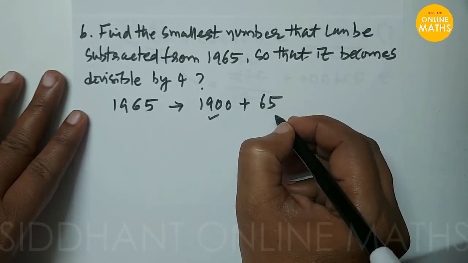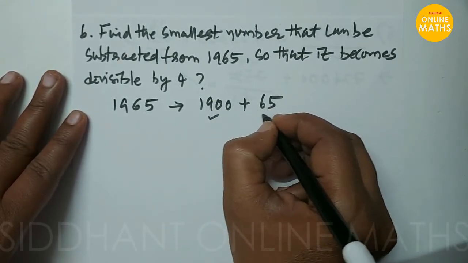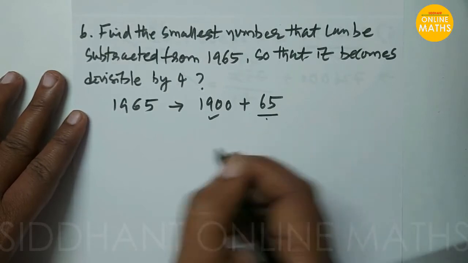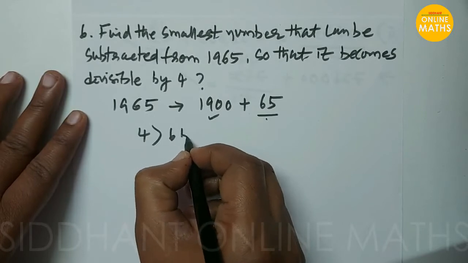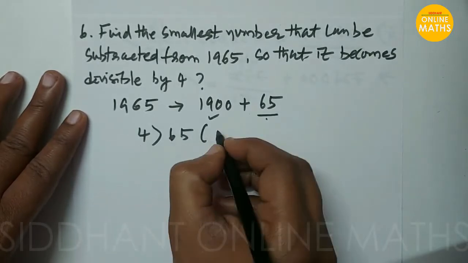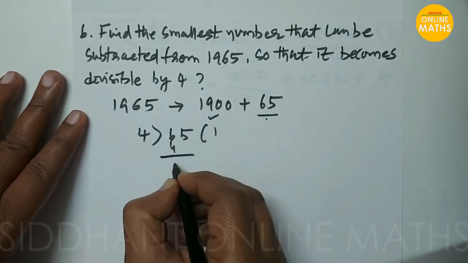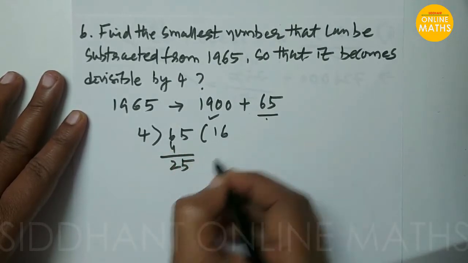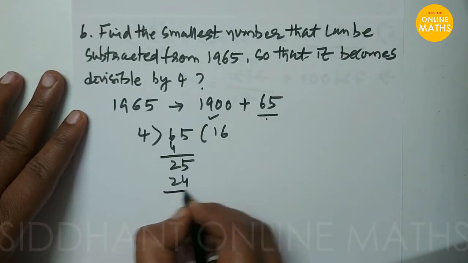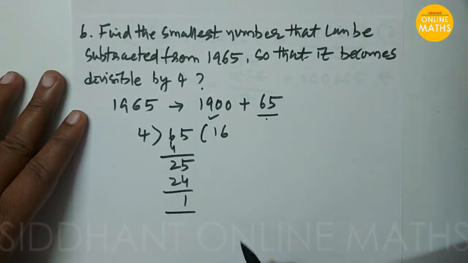We are going to check whether the last 2 digit number is divisible by 4 or not. So now when you are going to see the actual division here, 4 goes 1 time, now 25 here, and it goes with 6, now 24 here, we get the remainder 1 here.